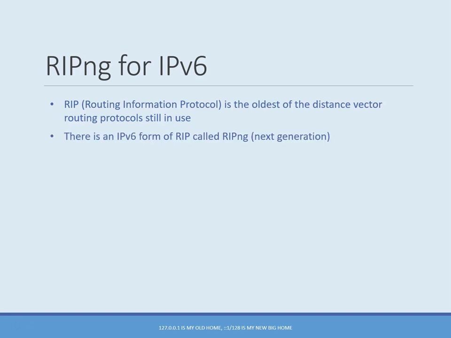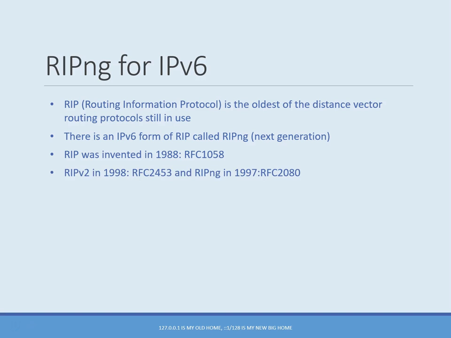There is an IPv6 form of RIP called RIPng. ng is a shortcut for next generation. RIP was invented in 1988, and since then RIP has been updated, including the RIPv2 in 1998 and then RIPng in 1997.